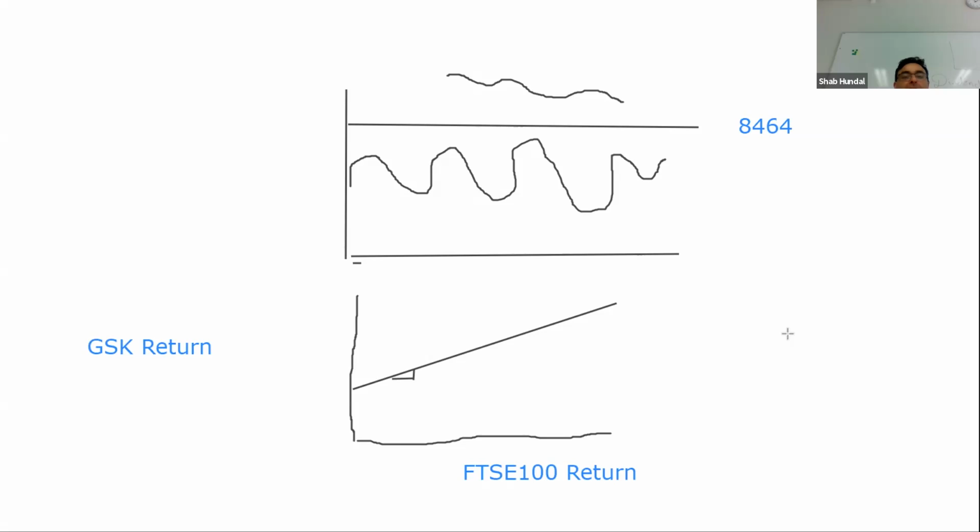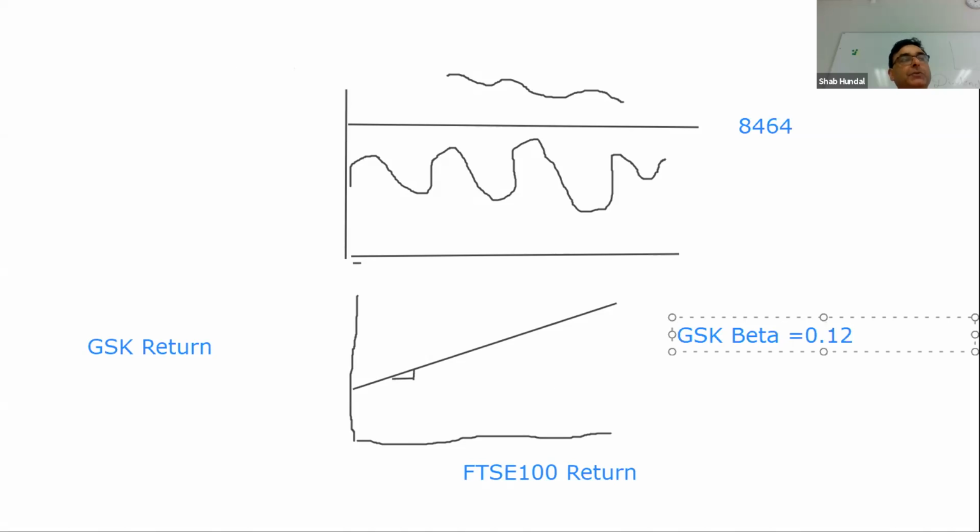If the GSK beta is equal to 0.12, it's always a coefficient.